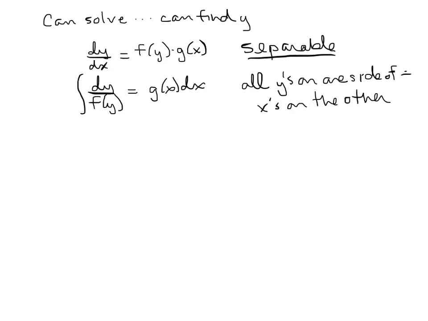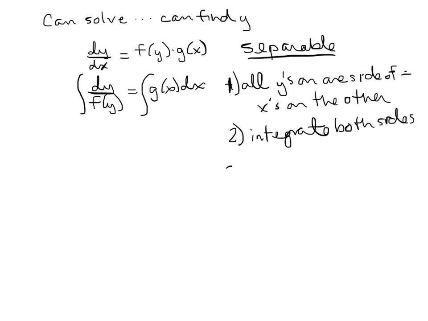You're then going to integrate both sides. So here I can even put these with steps. 1, get all the y's on one side and x's on the other. 2, integrate both sides. And third step, if you can, you want to solve explicitly for y.